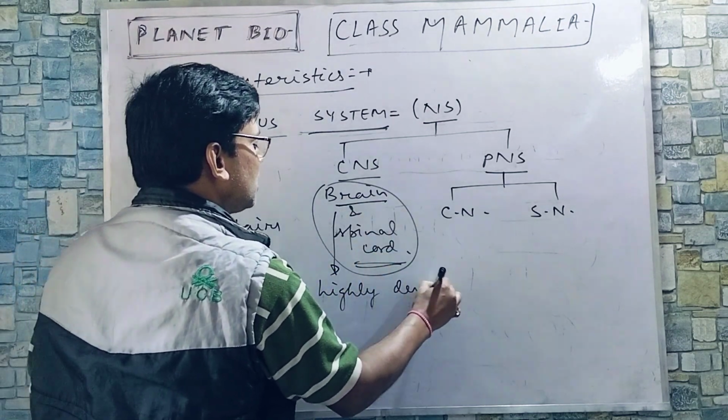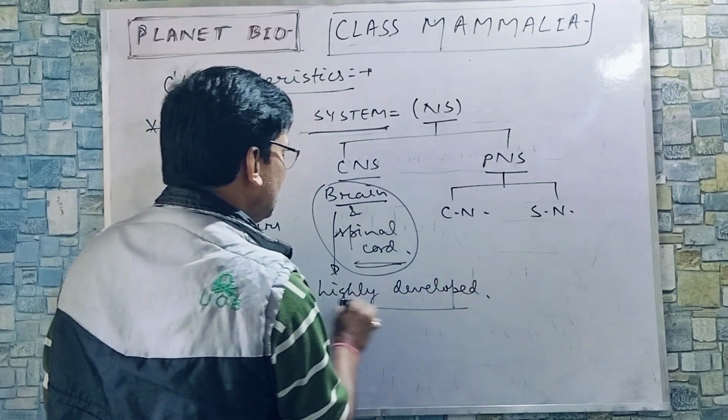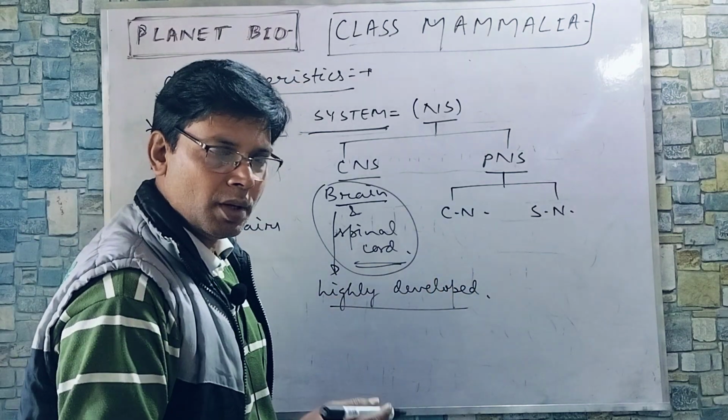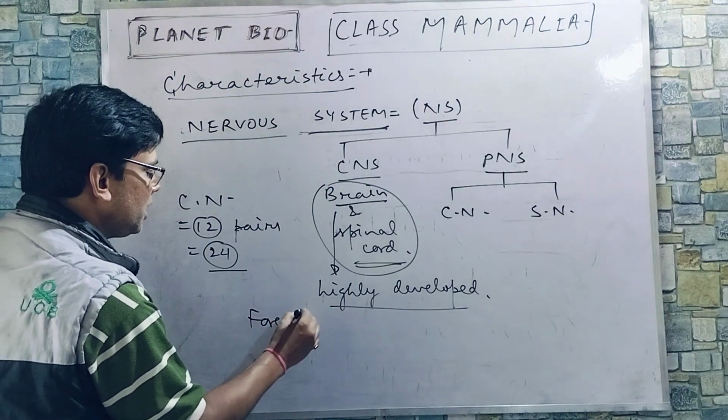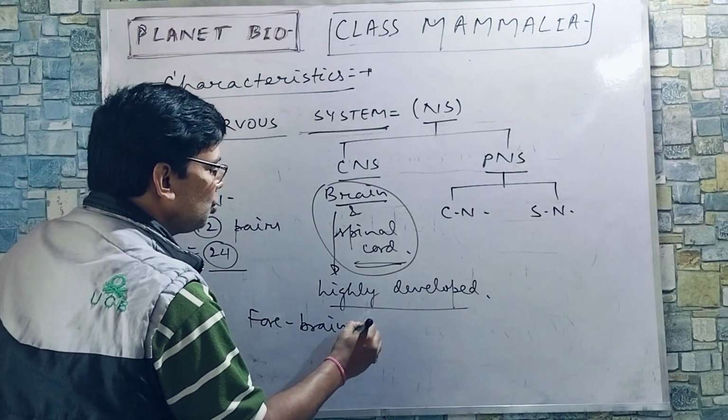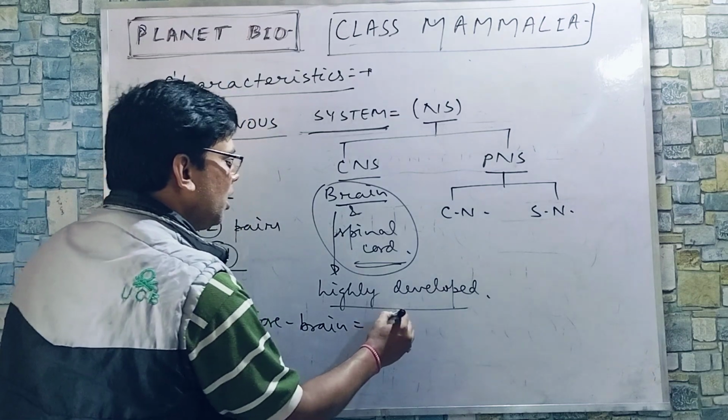in mammals. Here you can find the brain is divisible into three parts: forebrain, midbrain, and hindbrain. In the forebrain, you can see two cerebral hemispheres are joined by the corpus callosum.